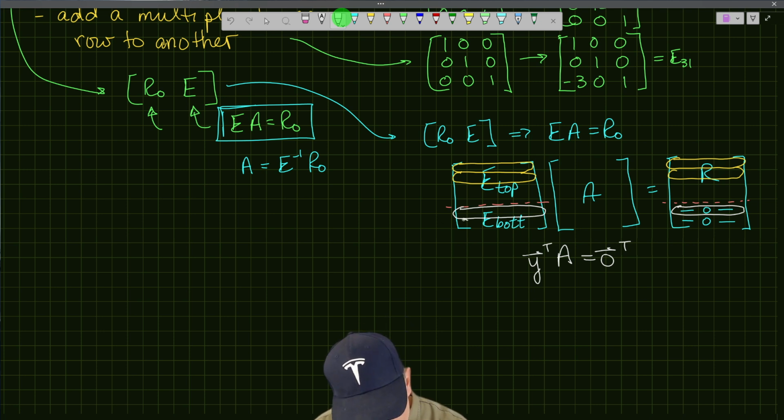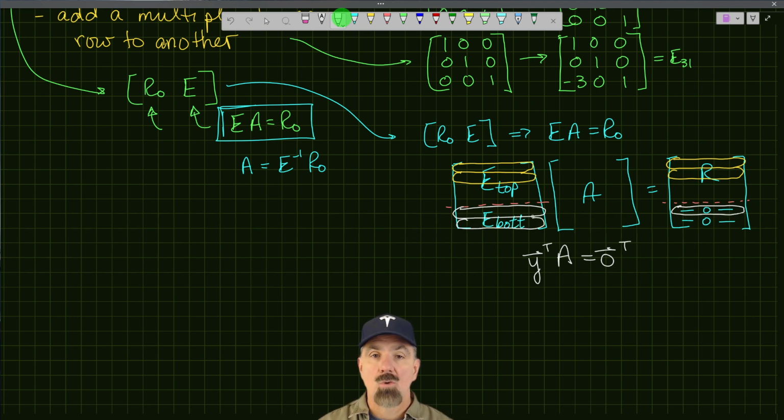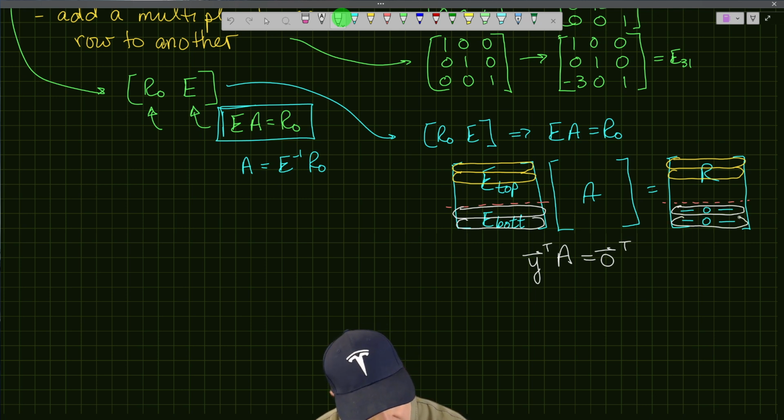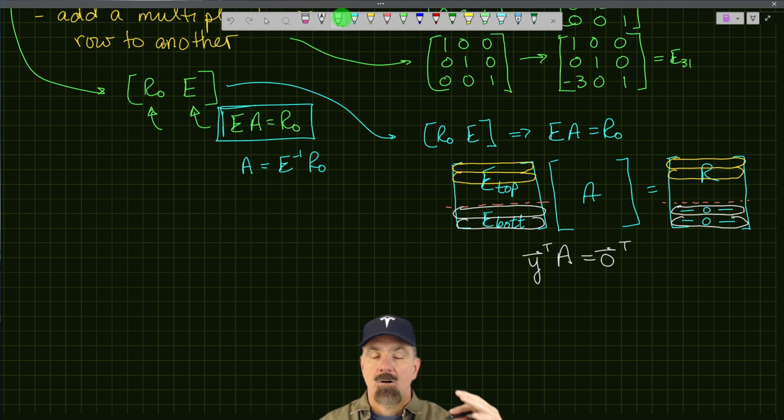In fact, however many rows I have in my elimination matrix which line up with zero rows in the RREF, those are all the vectors that form a basis for the left null space. That's where we're going to get the basis for the left null space.